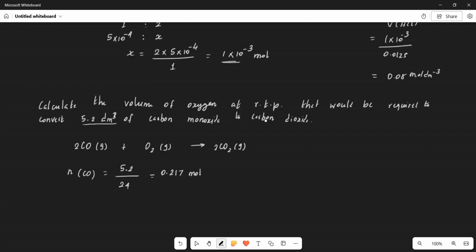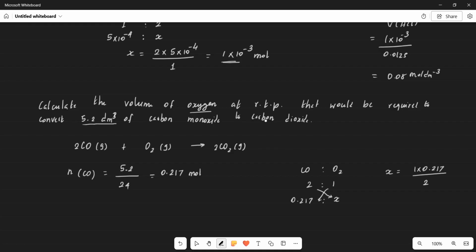So now again I can use the ratio, because they are asking the volume of oxygen. Carbon monoxide is to oxygen is 2:1. What you have is 0.217 is to x. I want to find that x. So x will be equal to 1 multiplied by 0.217 divided by 2. Actually it's a cross multiplication.